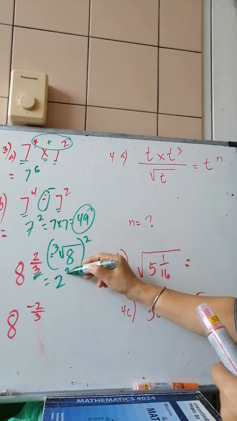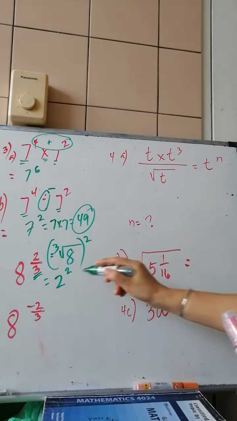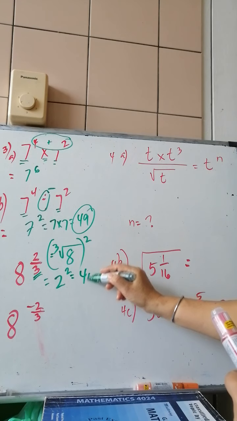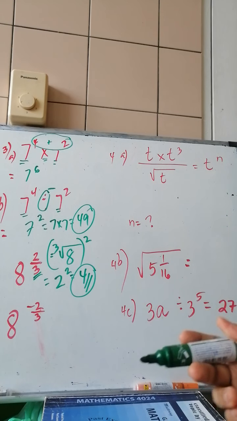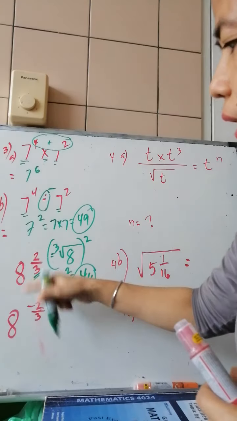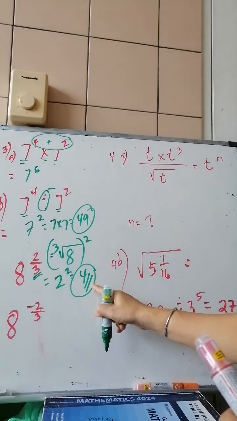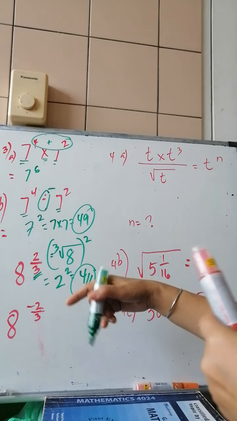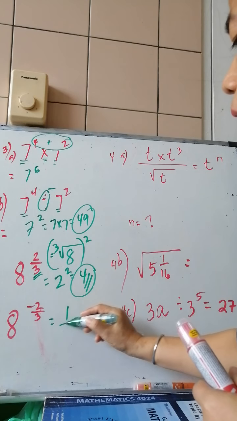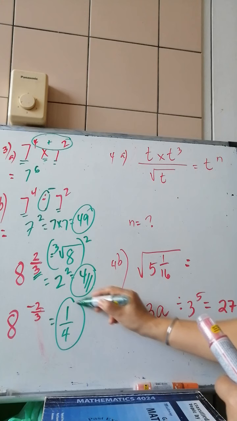Then we square our answer. 2 squared, or 2 times 2, is equal to 4. For the letter D, it is the same thing but it is just negative. So again, we flip 4, or 4 over 1, becomes 1 over 4.